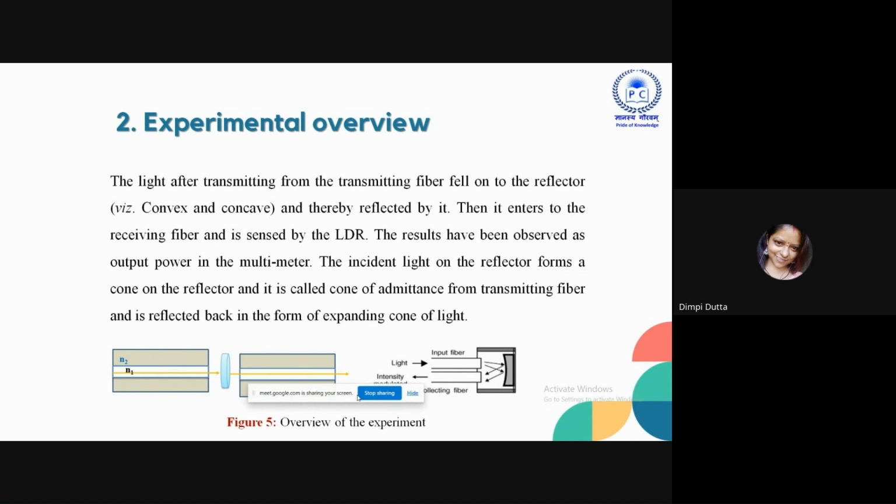Similarly, if we bring the input as well as the receiving fiber towards the reflector, the intensity increases, and we get the maximum output from the LDR. So this is the basic part we have used to transmit information. Three different types of reflector have been used: convex, concave, and plane mirror.